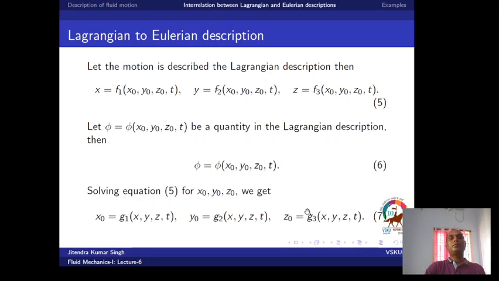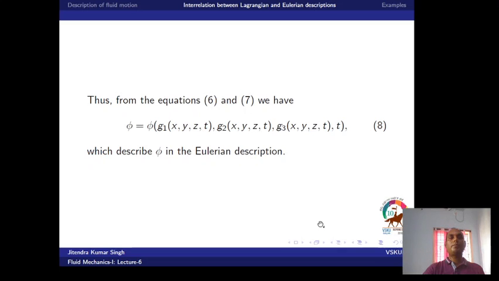Now we obtained x naught, y naught, z naught. Now we shall use equation 7 in equation 6. We replace x naught, y naught, z naught with x naught equal to g1, y naught equal to g2, and z naught equal to g3. We shall obtain phi as a function of g1, g2, g3, and t, and these g1, g2, g3 are themselves functions of the space coordinates x, y, z, t.